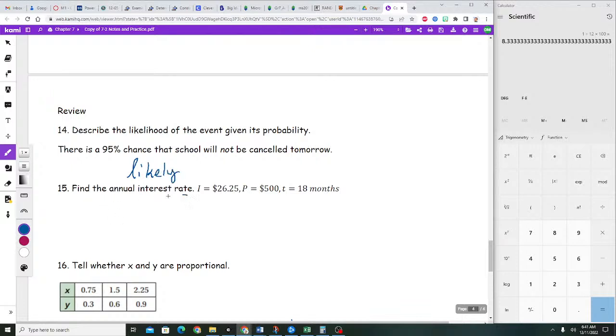Find the annual interest rate. That means we're looking for R. So we've got I equals PRT. We're given 18 months. 18 divided by 12 is 1.5. So we have $26.25 for I, 500 for P. We don't know what R is. We know that T is 1.5.